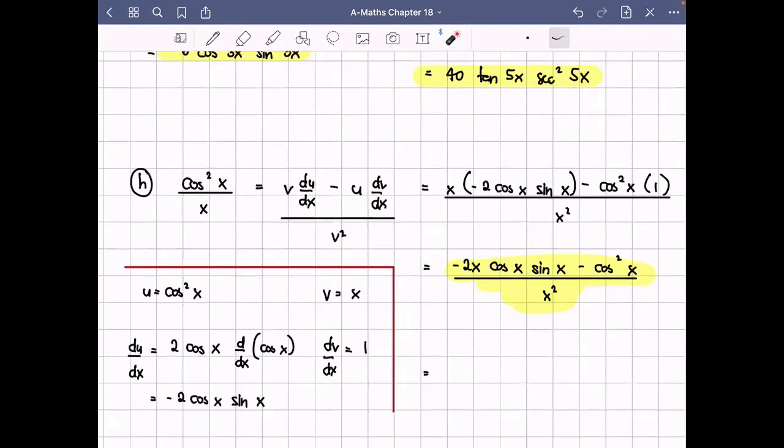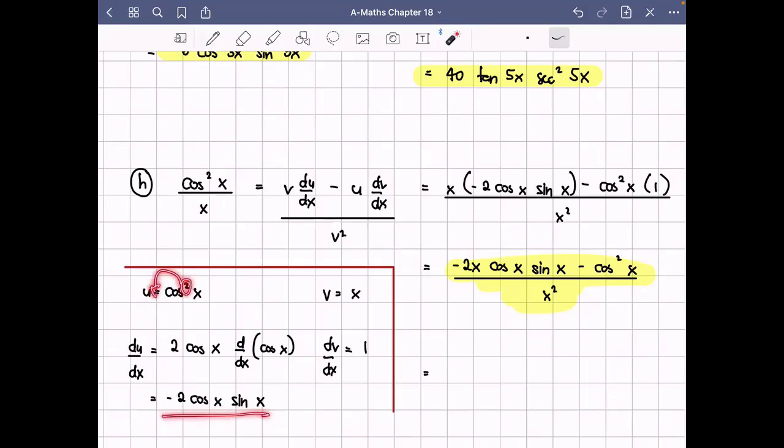Now this letter H, we do have cosine squared x over x. Again, your first step is to identify your u and v, right? So my u is cosine squared x, my v is just x. And then you derive them right away. So deriving this, I got negative 2 cosine of x sine of x. Again, how did I get this?